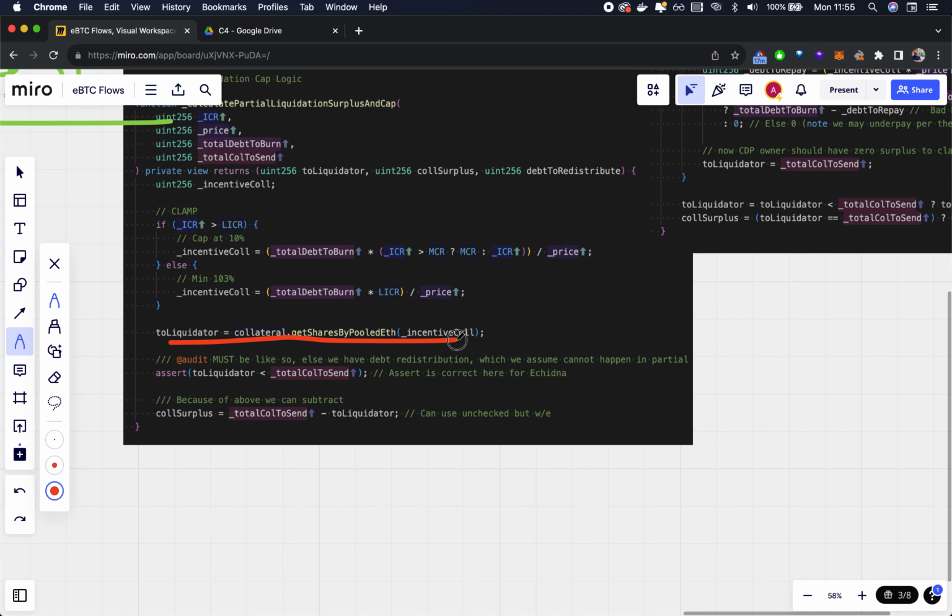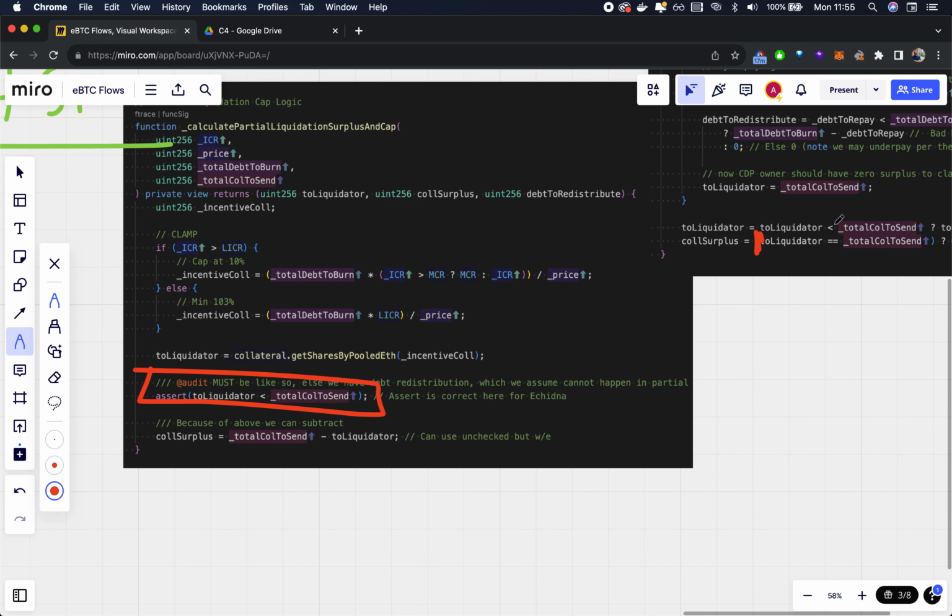Then we compute what we're going to send to the liquidator. We're going to verify that we're not going to leave nothing. So that's why this check is basically converted into an assertion. We ran it through Echidna Medusa for tens of millions of runs, but that's why it's an assert. And then lastly, we determine what the amount that is going to be left in the CDP is going to be, and that's going to be verified to be above the minimum size.